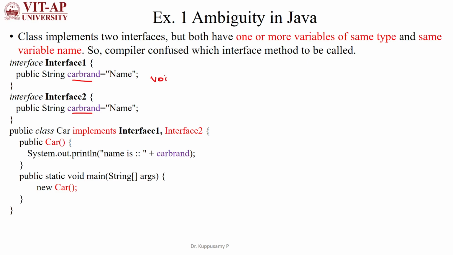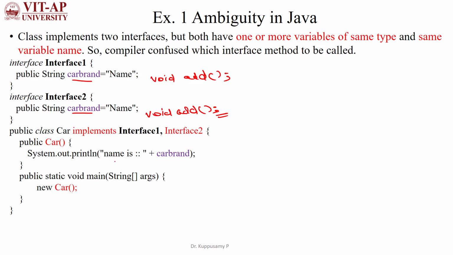For example, here a method named add, and here also a method named add. So this is the example of ambiguity. Two interfaces are having a method with a similar name, so there is the possibility of confusion when you are applying class based inheritance.